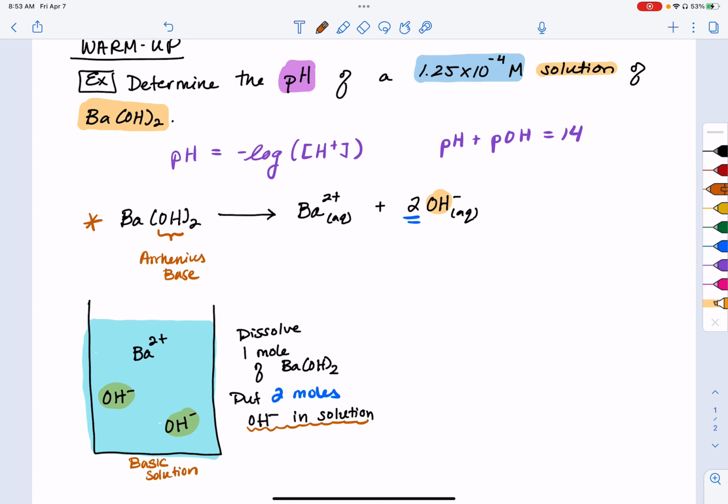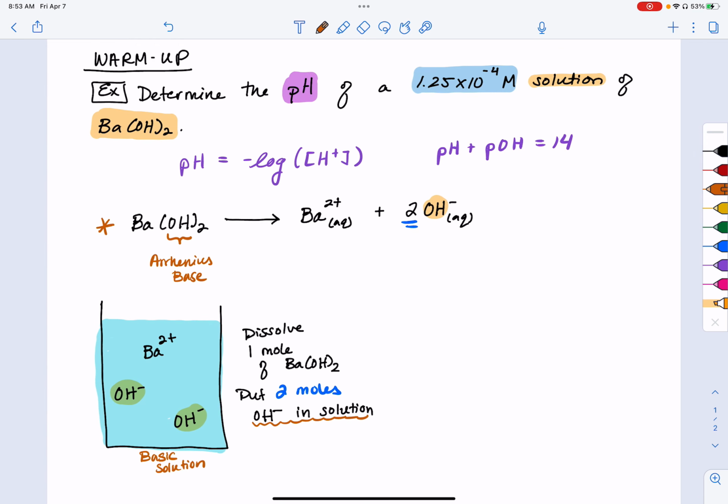Now, why was this an important thing to look at? Let's go back to what the question is asking. We are asked to determine the pH of this solution. And if I look at my definition of pH, I see that the pH, or measure of acidity of a solution, is the negative log base 10 of my concentration of acid particles, or H plus in solution.